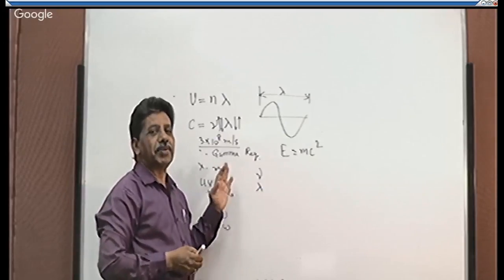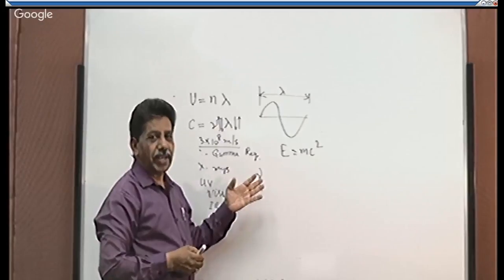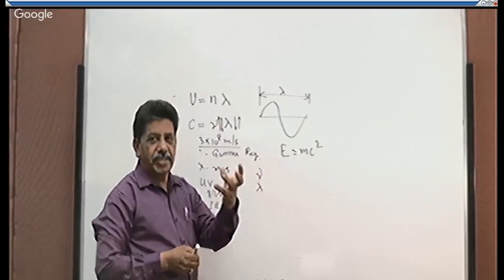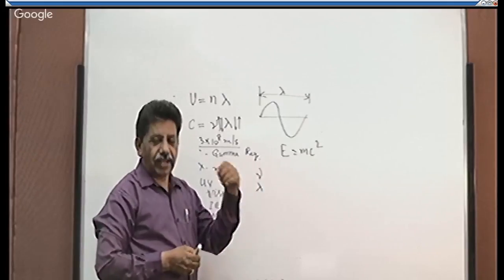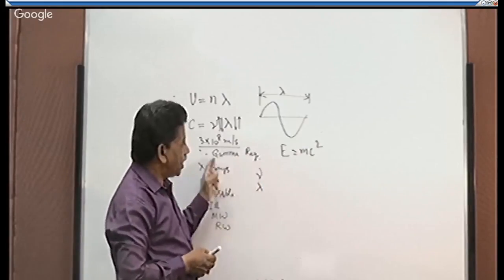You can find out what a tremendous value that is, and that tremendous velocity is called celeritas. It's Latin, it seems, and that is why we say c.